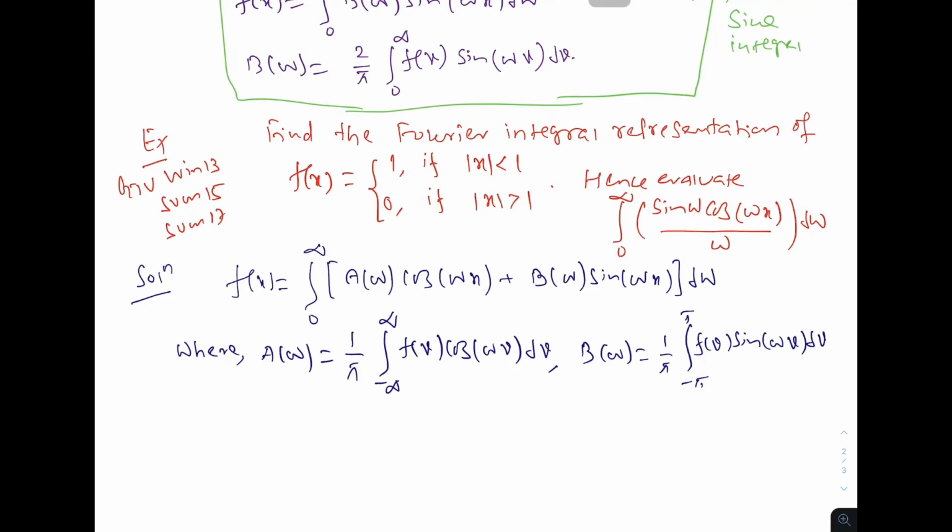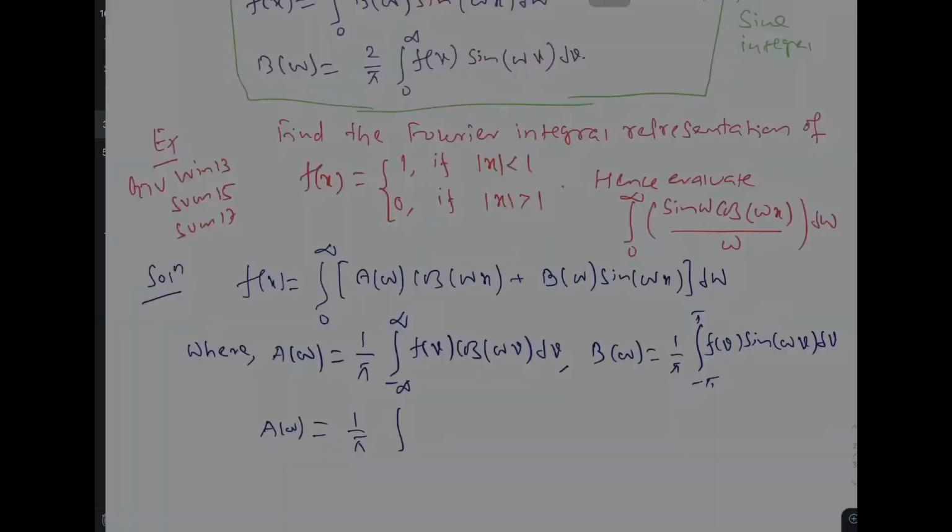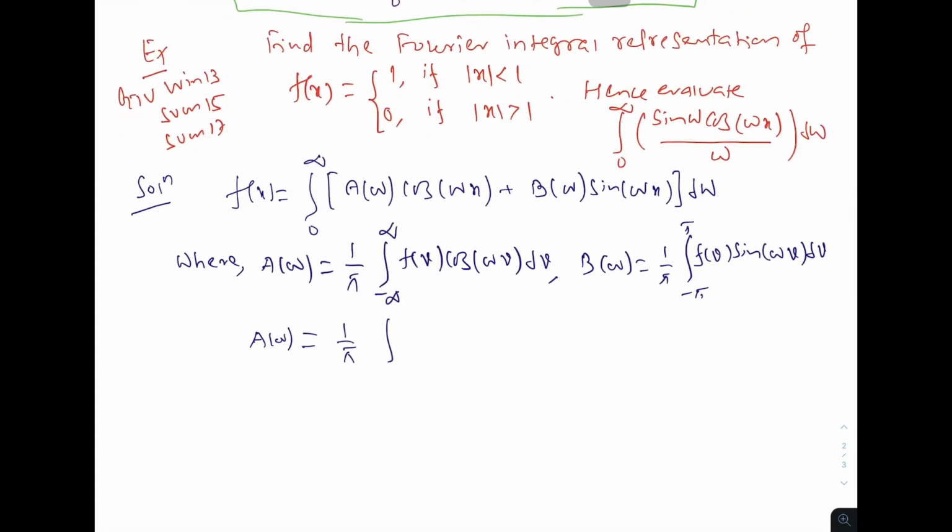Now let us see this A(omega) equal to 1 over pi integration minus infinity to infinity.